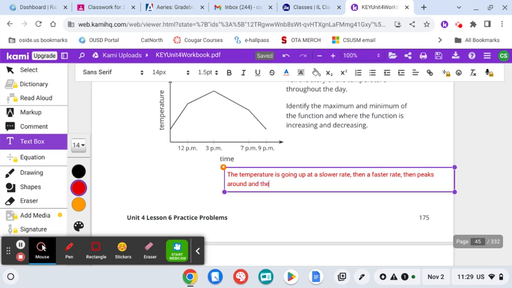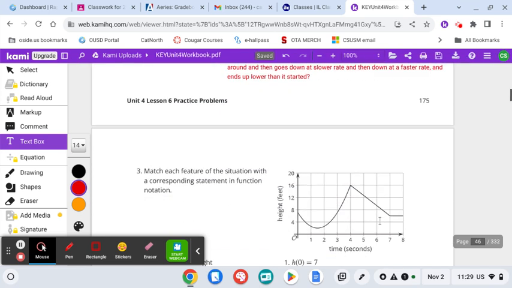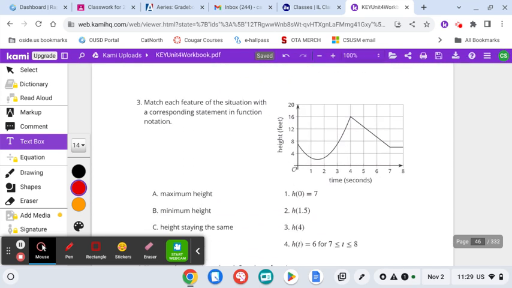And then goes down at a slower rate, and then down at a faster rate, and ends up lower than it started. I don't know, like literally just make up a story about the graph for yourself. What do you think?